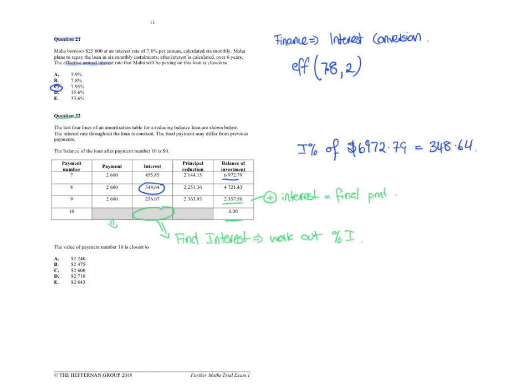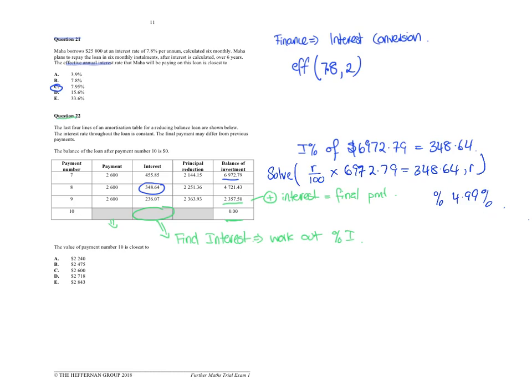So we can just say the rate over 100 times 6972.79 equals 348.64. And if you solve for R, you end up with a percentage of 4.99%.